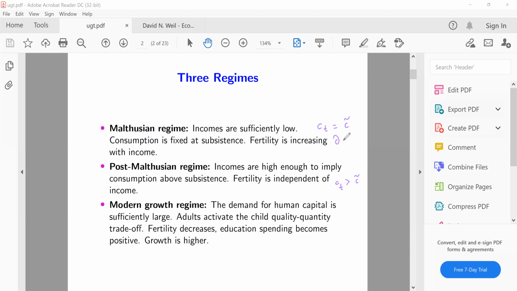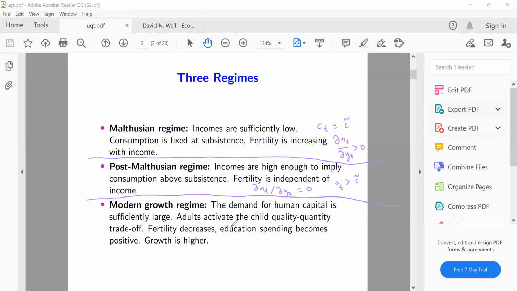Okay, so here fertility, let's say n_t, depends positively on income. Here, so let's divide these regimes. Okay, here fertility is independent of income. Okay, what does it mean? Increased income is directed to consumption, and you're going to see why.